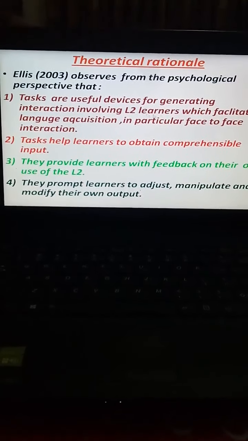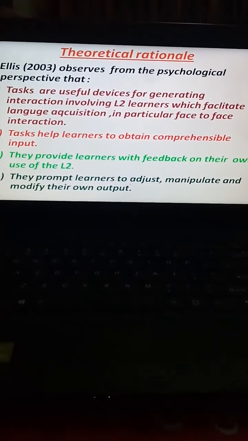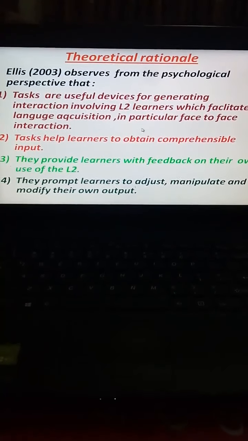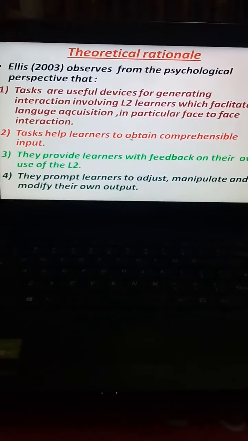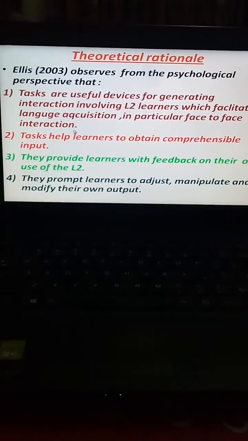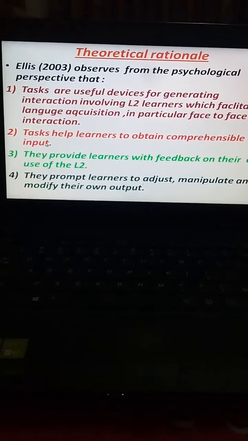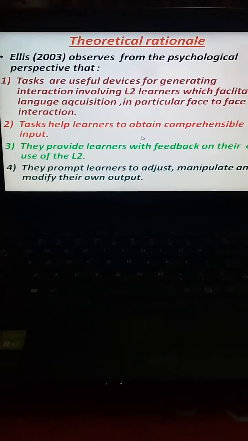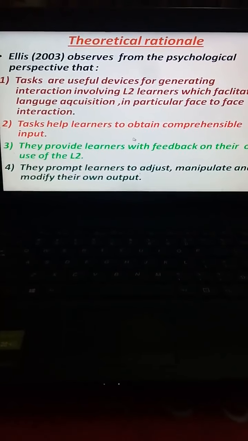That means second language learners, which facilitates language acquisition, not learning, language acquisition. In particular, face-to-face interaction. That is, it is taken from real-life situations. Number two, tasks help learners to obtain comprehensible input, input that can be understood.